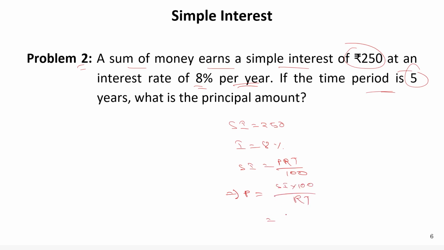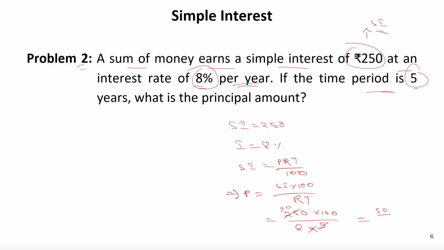So SI is given to us as 250. As you can see here, this is the SI, into 100, whole by R into T. So R will be what? R is given as 8% per year, so R is equal to 8. T is 5, right? So by dividing 250 by 5, we are left with 50, right?